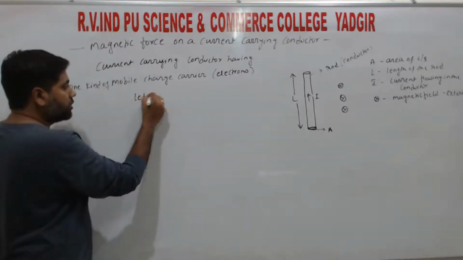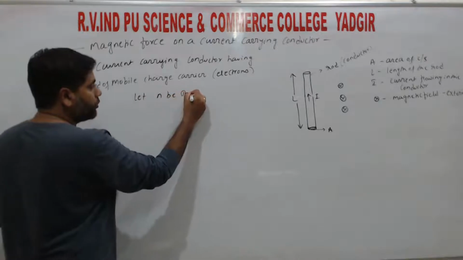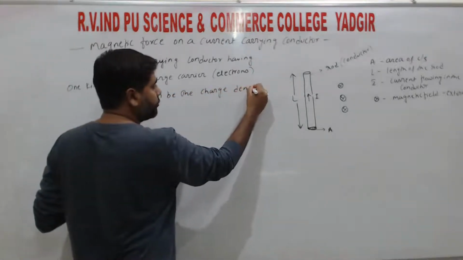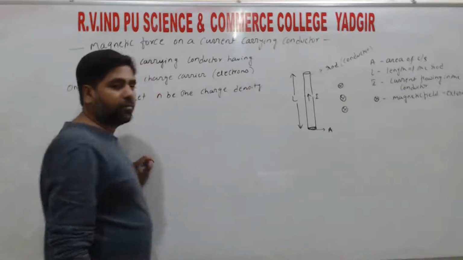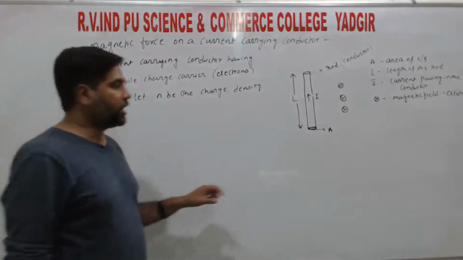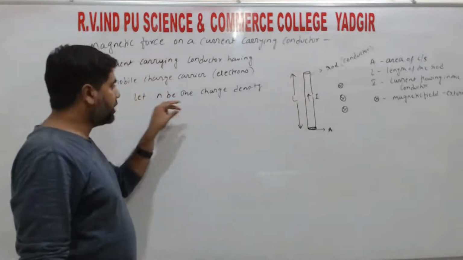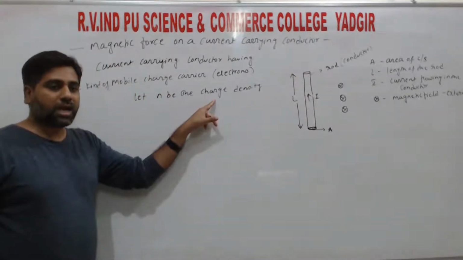So let n be the charge density, right? We do not know how many charge carriers are flowing in this, so directly we can take let n be the charge density.